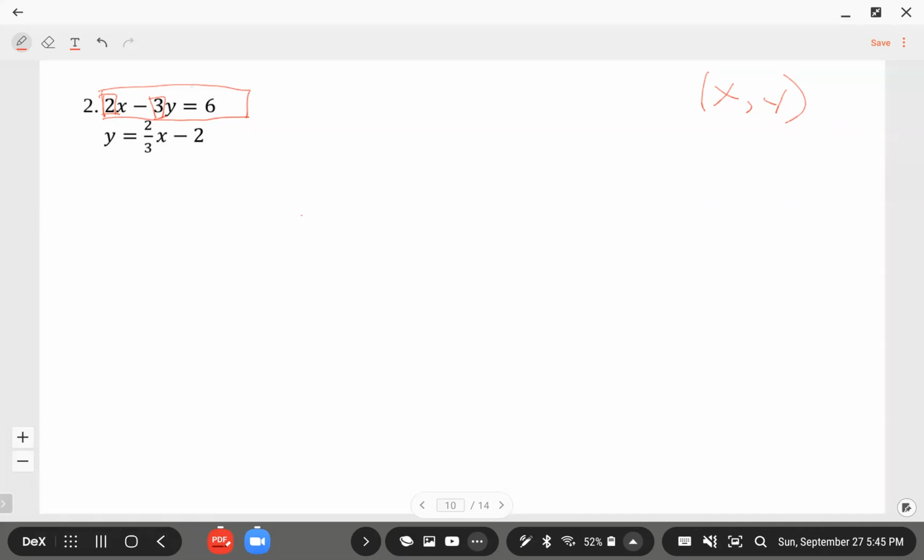Also check the coefficient, -3 before y. The slope of a standard form equation would be -a divided by b, right? And what is -2 divided by -3? 2/3, right? So that's the same slope.